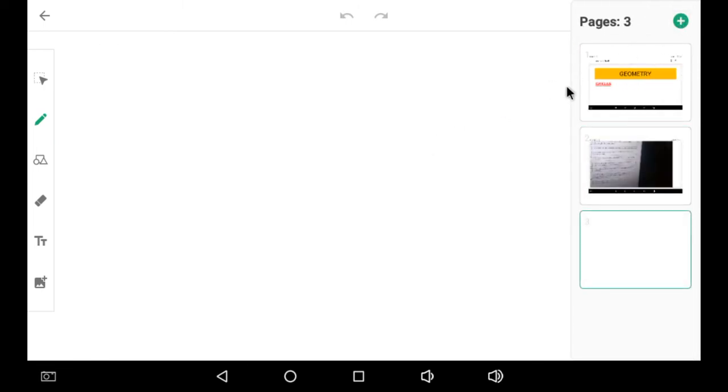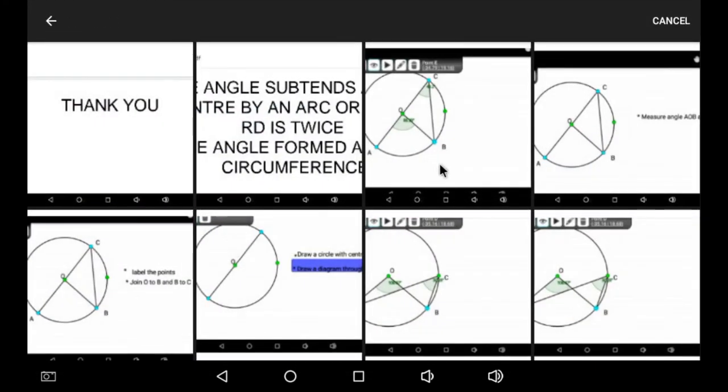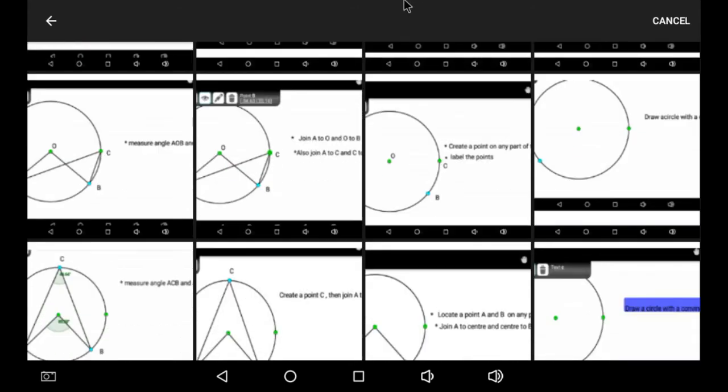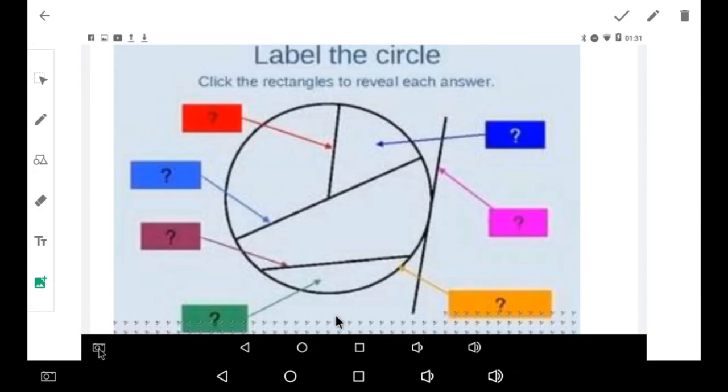Let's continue. Now we have this picture. Let's try to identify the parts. Evelyn? Yes, this is a sector.